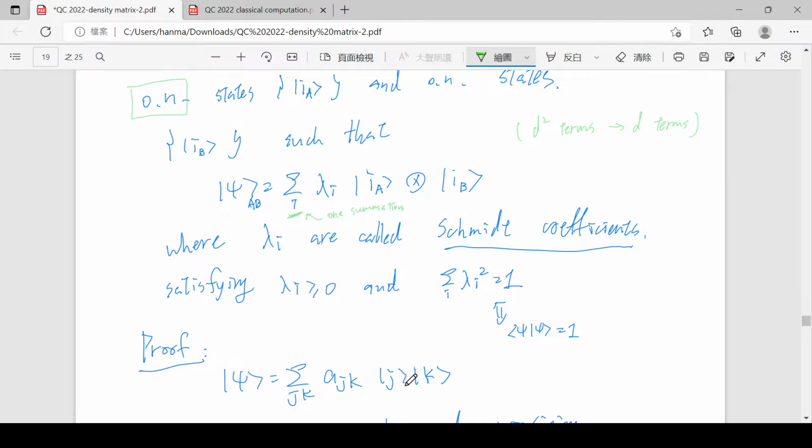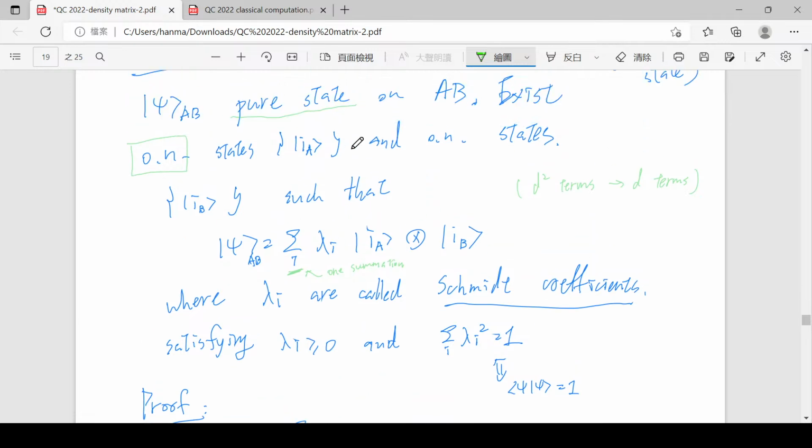You remember the computational basis state for the whole composite space is whatever computational state here, computational state here. So there are d possibilities here, d possibilities here. So there are d squared coefficients to describe an entangled state. But here you just see d coefficients, right? Because there is only a sum over one i here, and those |i_A> and |i_B> are orthogonal to each other.